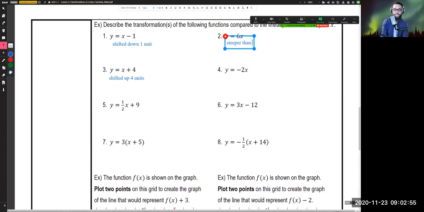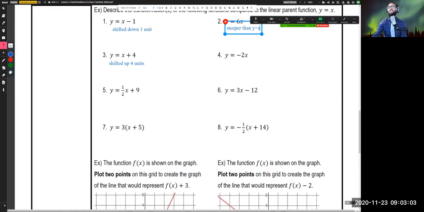And our parent function is y equals x. Okay. Now, number 4 looks a wee bit confusing. It has y equals negative 2x. But remember, when we have a negative slope, that's just it going downhill instead. So we're going to start off by saying this is going downhill.